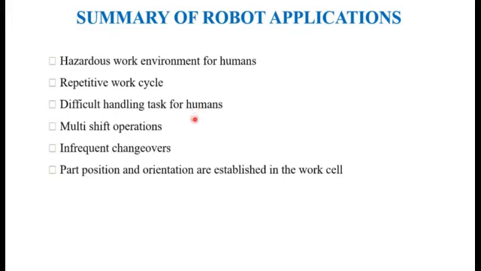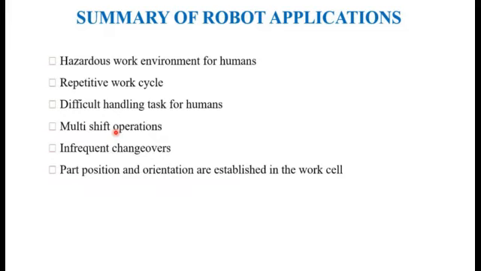For example, in the foundry, while melting the metal and pouring it into the mold, it is a difficult task. In such applications robots can be used. Then in multi-shift operations, robots are used to get more efficient work.